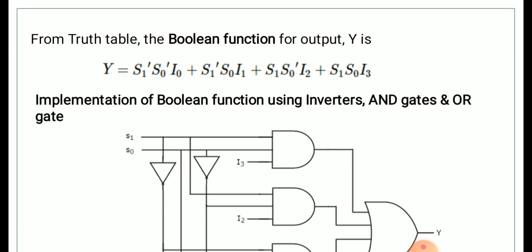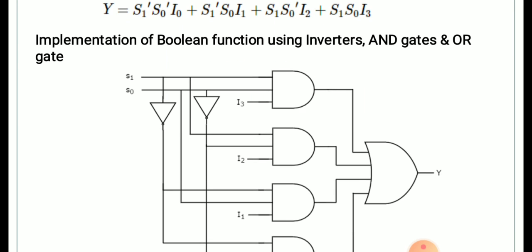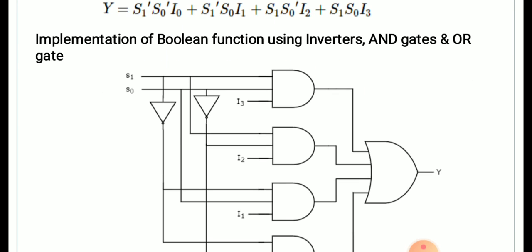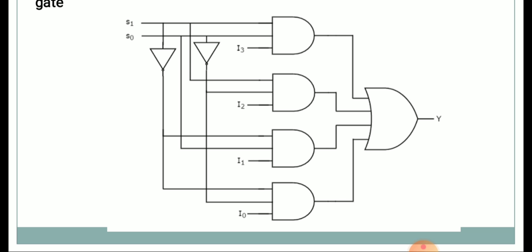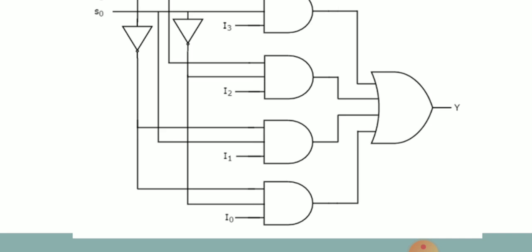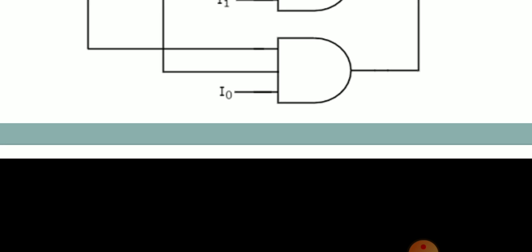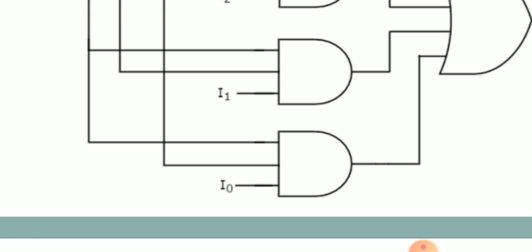AND gate, as you know, performs simple multiplication. That means we have to multiply the values of S1 dash and S0 dash with I0. That is the first part of the Boolean function. So both S0 and S1 are inverted, and this value is passed on to the AND gate along with another input line I0.